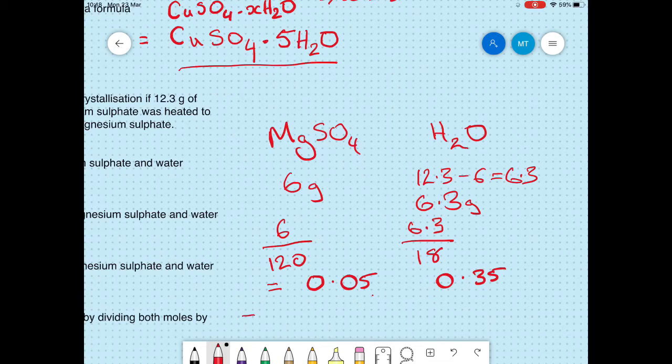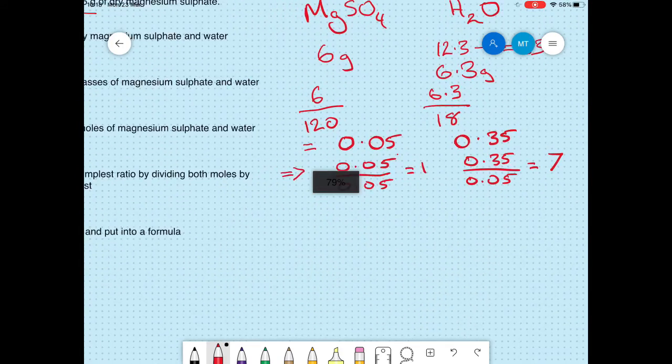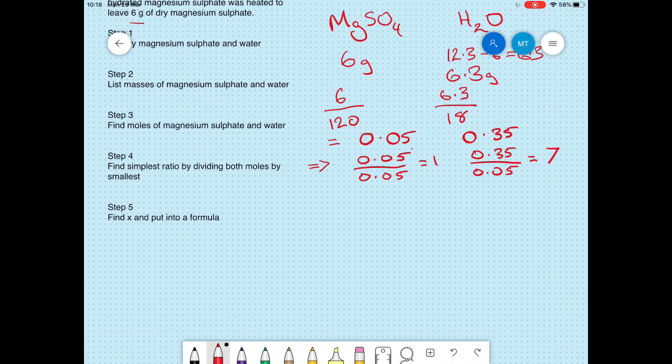Now we need the simplest ratio, so we divide by the smallest. The smallest here is 0.05. So we take 0.05 divided by 0.05, gives us 1. And if we do 0.35 divided by 0.05, that gives us 7. And that's a much simpler ratio than we had before. So as before, we can now substitute that into the formula.